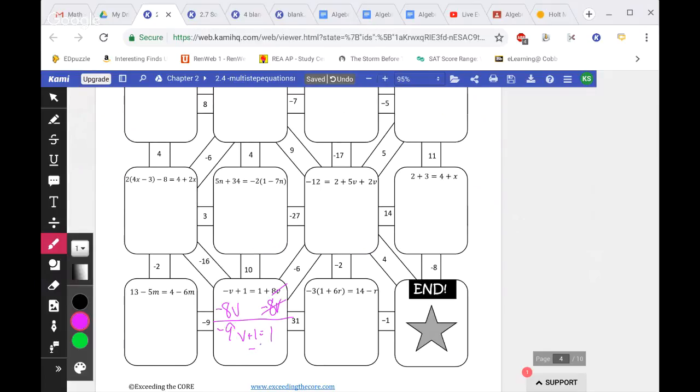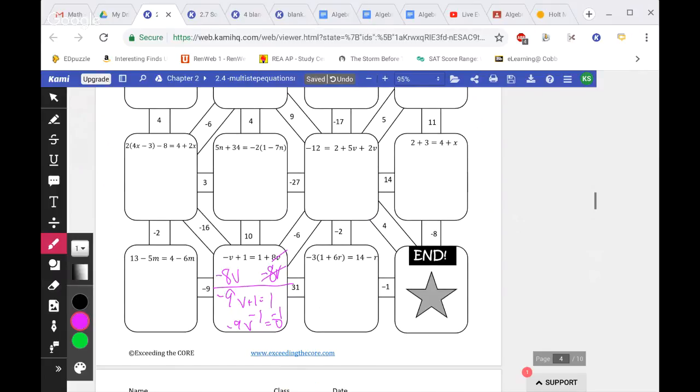And then subtract 1, which is going to give me negative 9v equals 0.